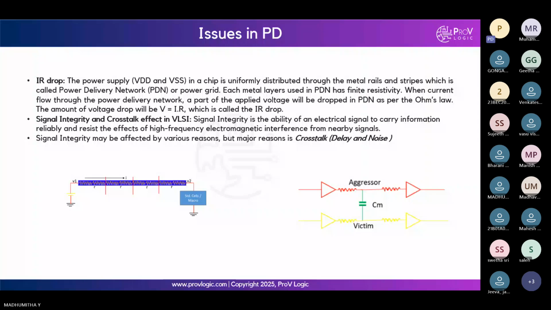The second case is when the aggressor net data is switching with some pattern, and the victim net is also switching. Then we will see an issue called crosstalk delay between the nets. So this is the difference between crosstalk noise and delay. Is it clear?